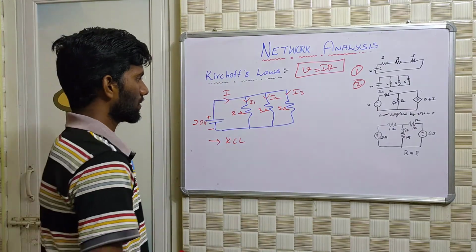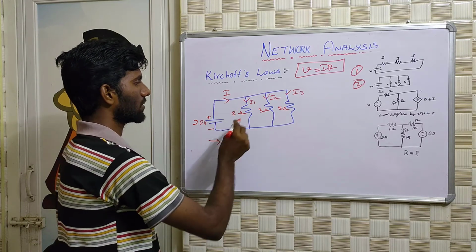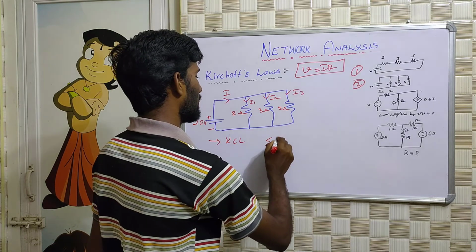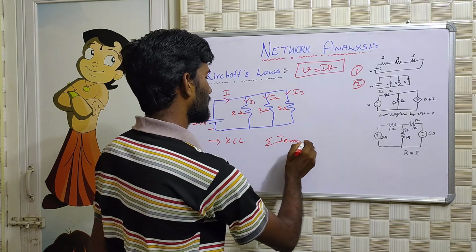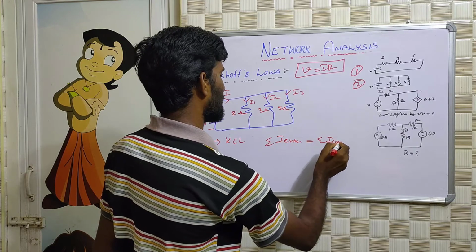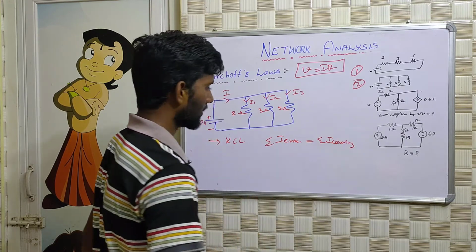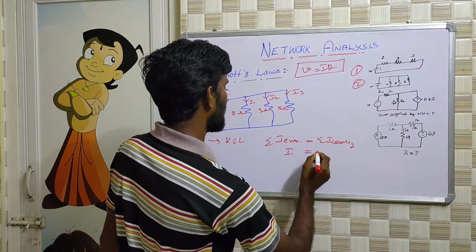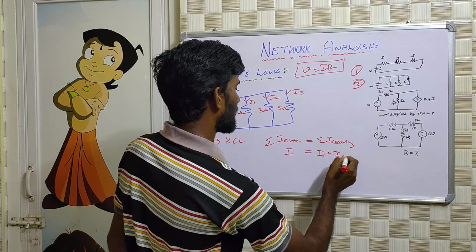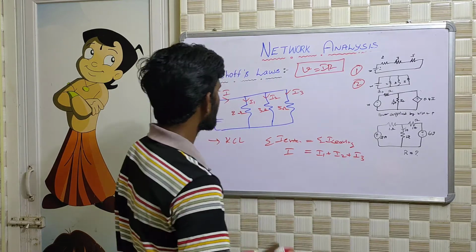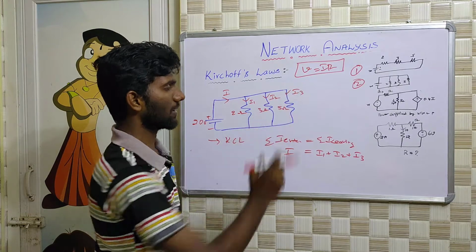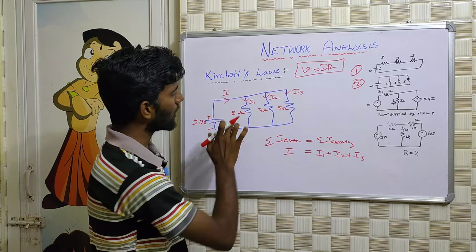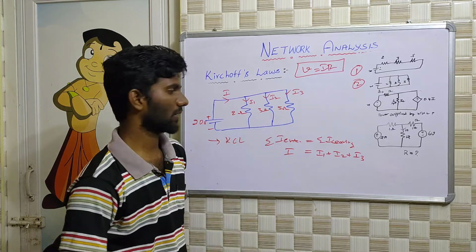Right? From KCL we know the sum of currents entering is equal to the sum of currents leaving. So we can write I is equal to I1 plus I2 plus I3. This is the entering current, and these three are leaving currents. Here also we need to find the current through each resistor.